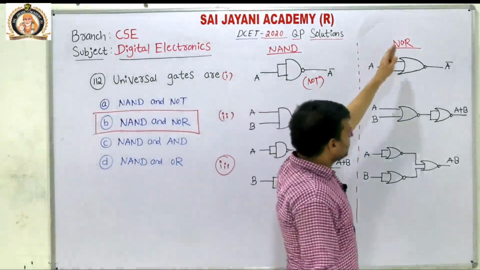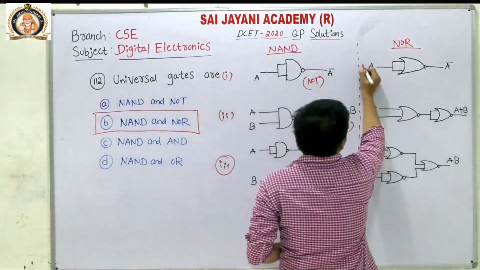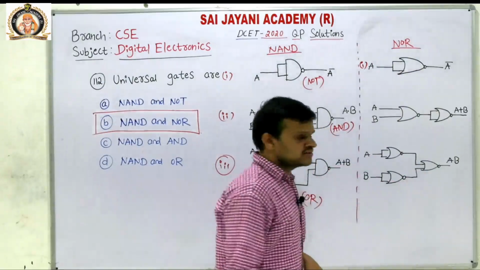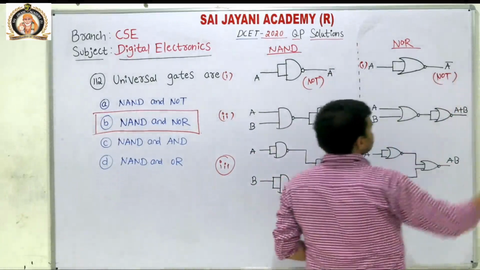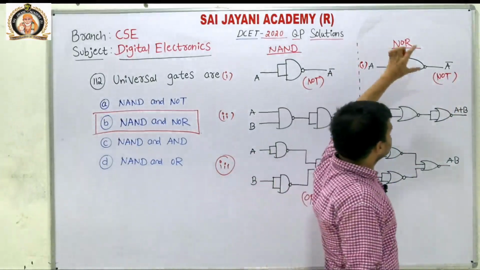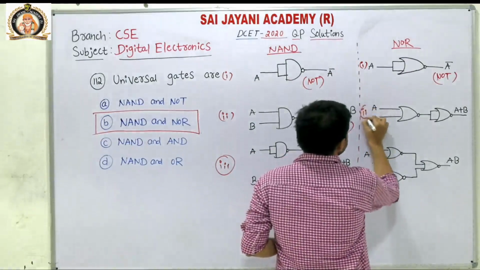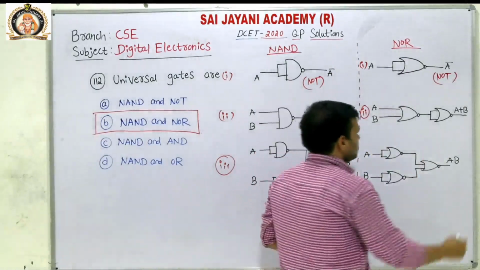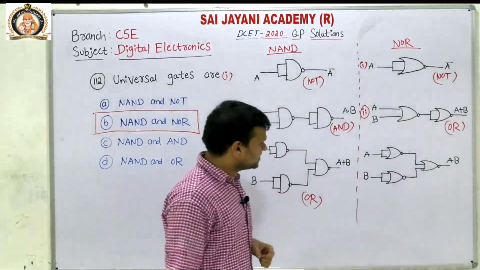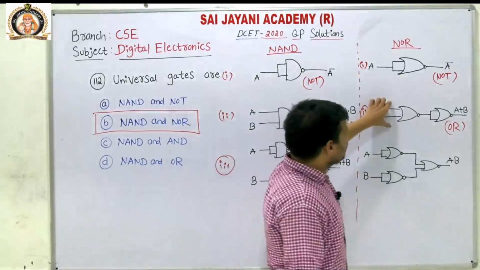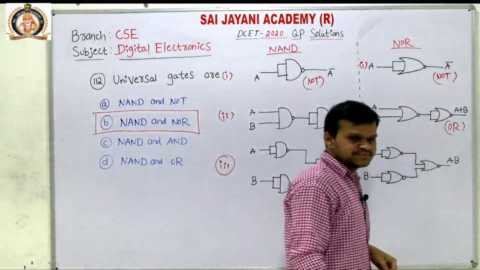Similarly, the second column is indicating NOR gates. Here in the first case the NOT function is implemented by just connecting a single input NOR gate. Similarly, in second case, OR function is implemented by connecting a two input NOR gate to the single input NOR gate.